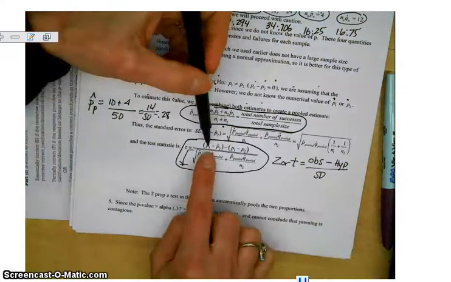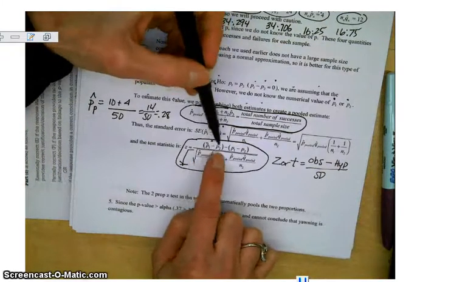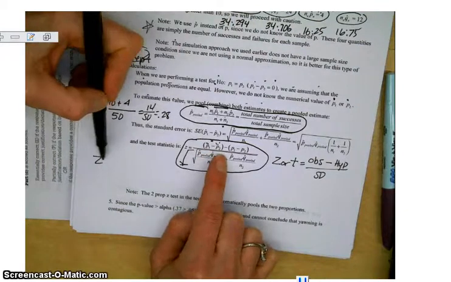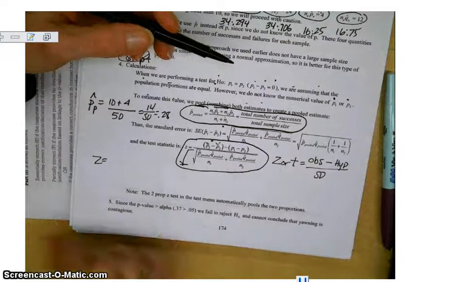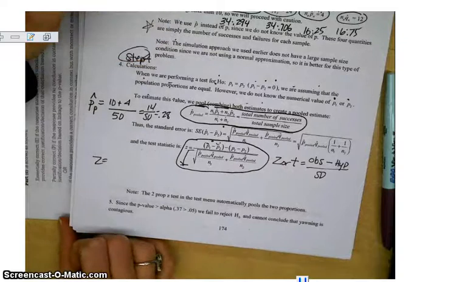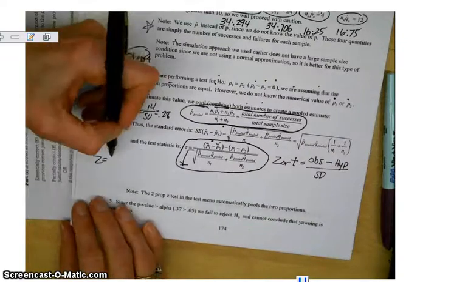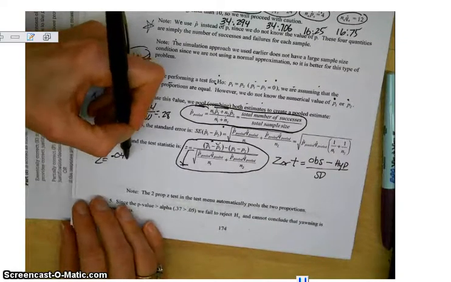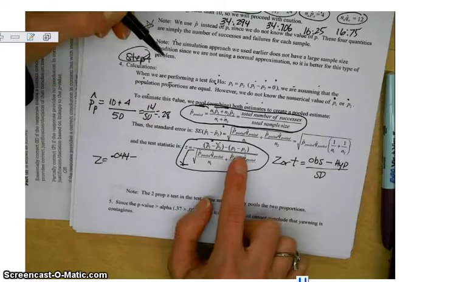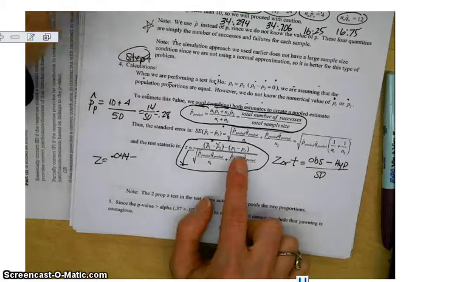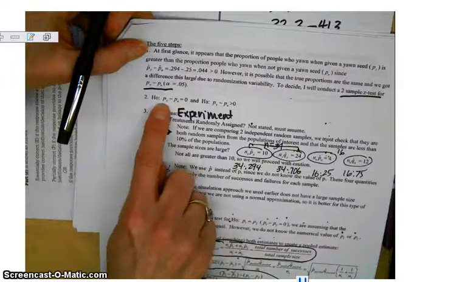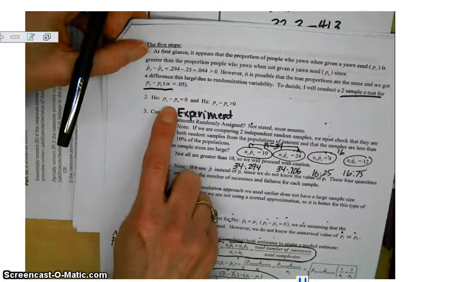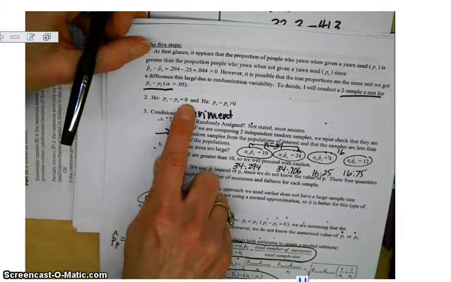So what was the observed difference in the two proportions? 0.044. And what's the hypothesized difference? In our null and alternative hypotheses, what was the difference? 0.